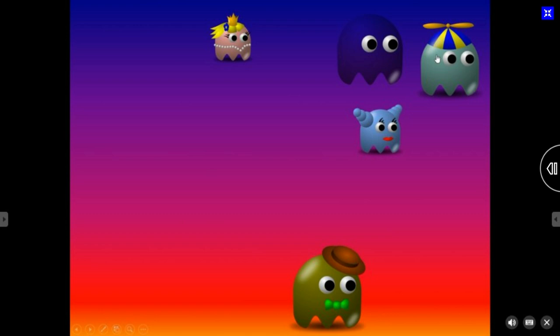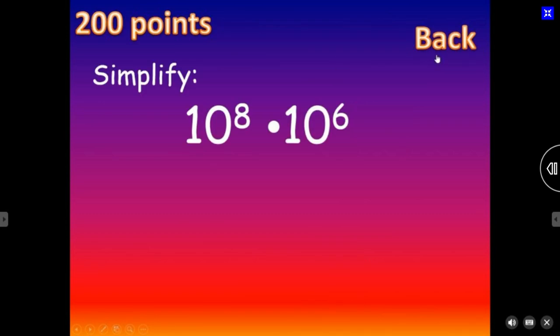The flying hat guy, or the one with the 2 buns. The beanie. Yeah. Alright, the beanie is problem 16. Yes. Problem 16.